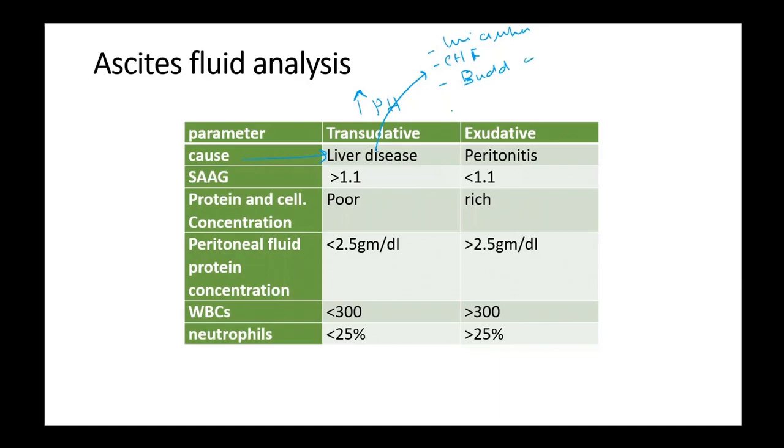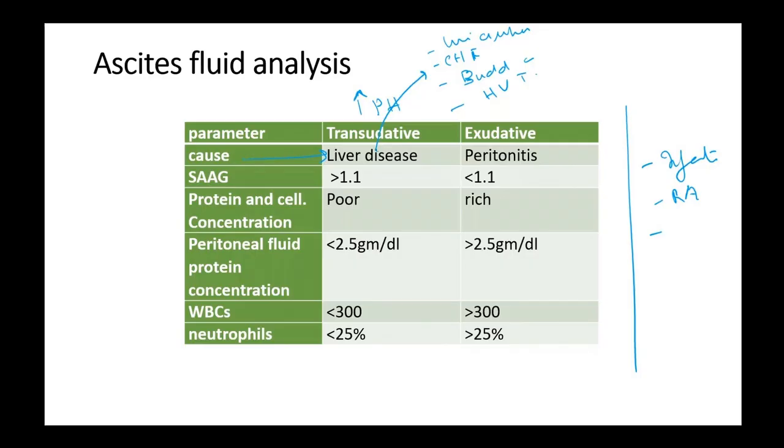Budd-Chiari syndrome, hepatic vein thrombosis, and then exudative, so many other causes: infection, rheumatoid arthritis, peritonitis, cancer, TB, many causes.